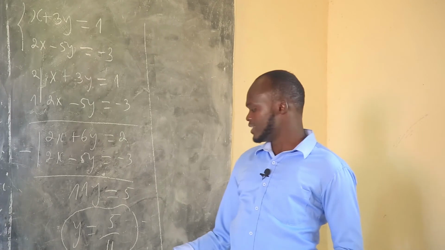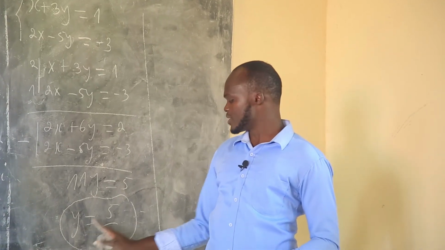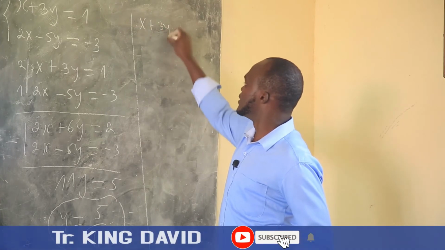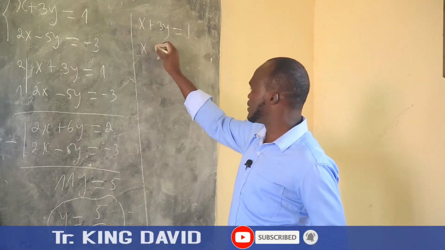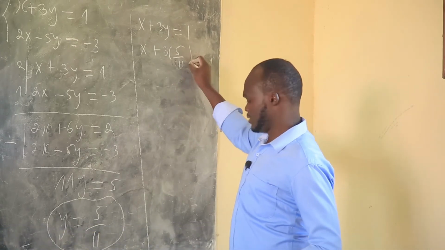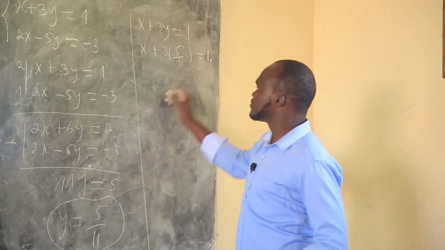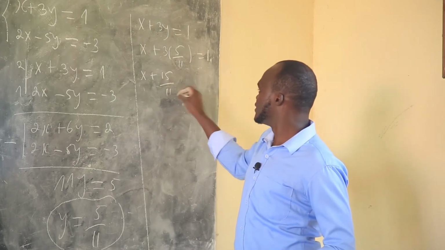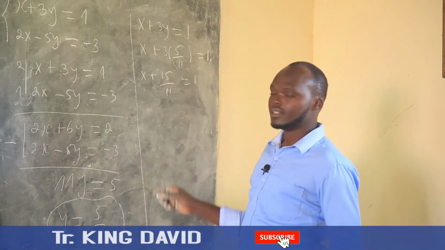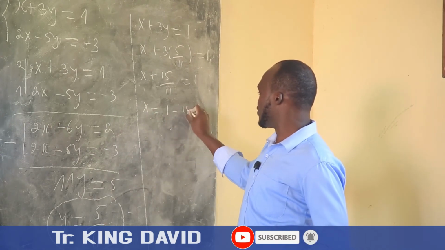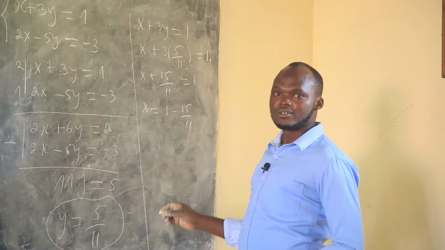From there, we can get the value of x. If y is 5 over 11, we can use the first equation, which is x plus 3y equals 1. Then x plus 3 in brackets 5 over 11 equals 1. Then this is x plus 15 over 11, which equals 1. We collect like terms together. x is 1 minus 15 over 11. We find the LCM.